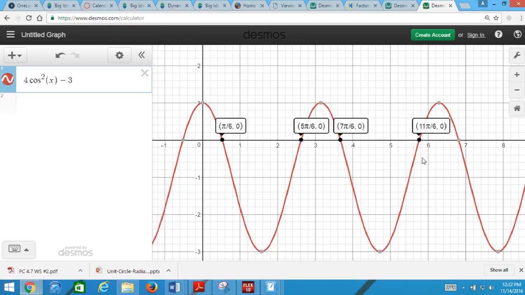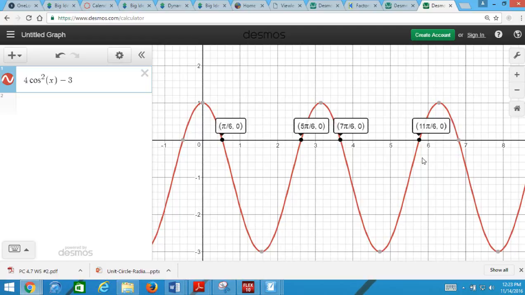I don't want you to be at home not knowing if you're doing it correctly. You can check your answers, you just can't do it on the test. So by then, hopefully you know you're doing it right. There's a way to change the x-axis so it looks like what we're using.